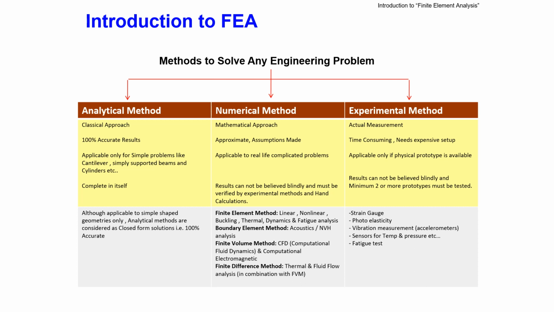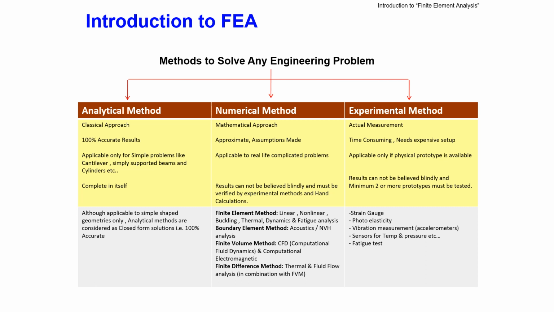Then the third method is the numerical method. It's a mathematical approach. Compared to analytical and experimental method, it is an approximate method. That means the solution we get from this method is not exact. It is only an approximate. But it can be applied to any kind of problems from simple to complicated.